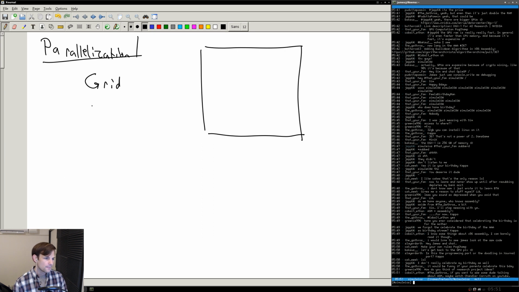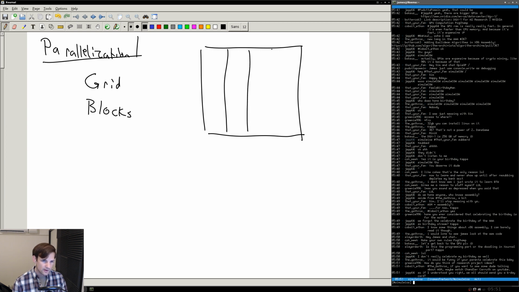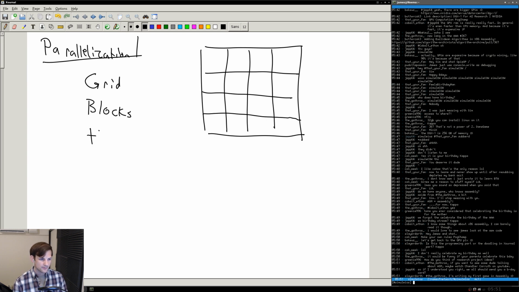Then, on top of that, we split these up into blocks. The blocks are very large units of computation on top of the grid. And then on top of these blocks, we split it up into threads. Each thread would be something like this in here, if that makes sense.